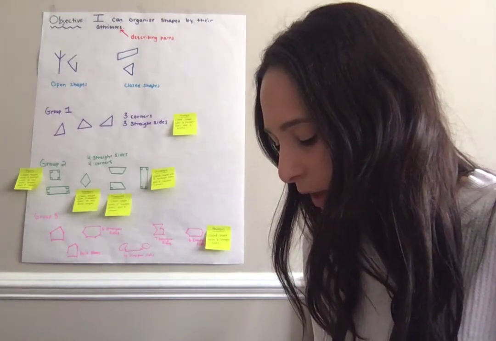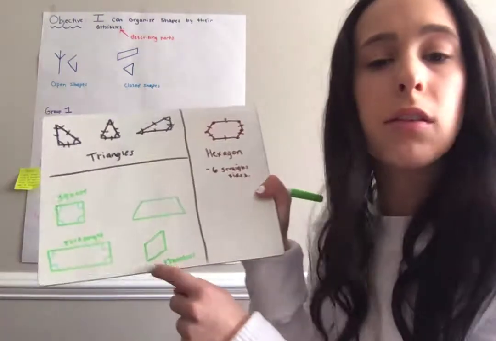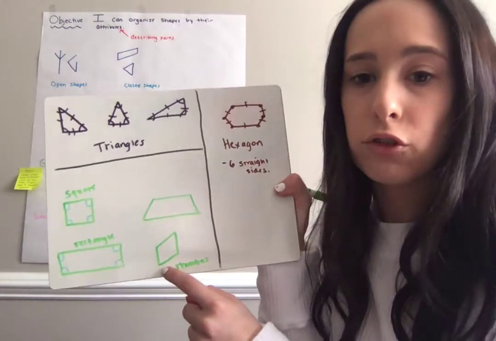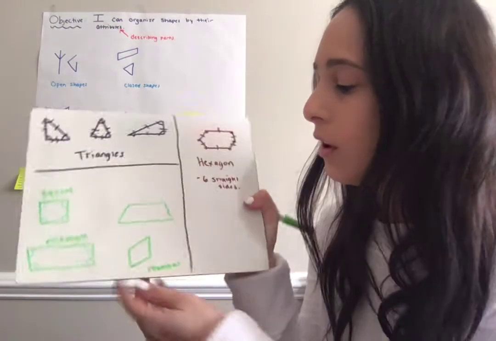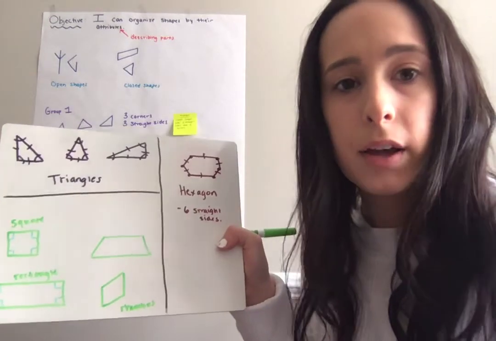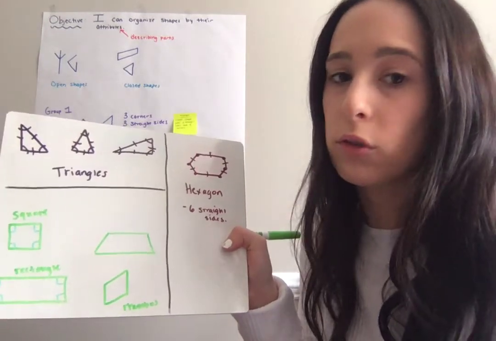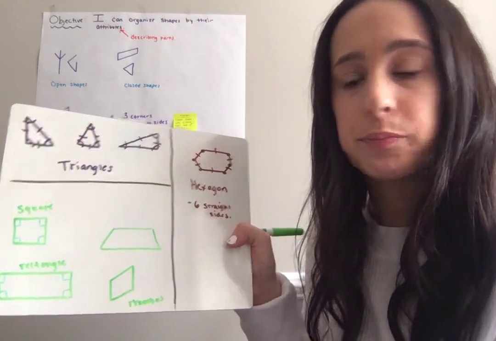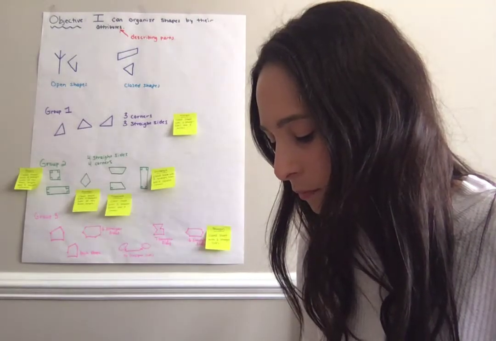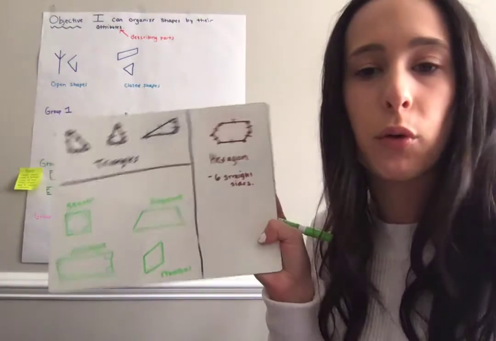Then over here we have a rhombus, which we described as a closed shape with 4 straight sides of the same length. So as you can see, these are 4 straight sides of the same length, but it has nothing about square corners. And then our last one is a trapezoid.